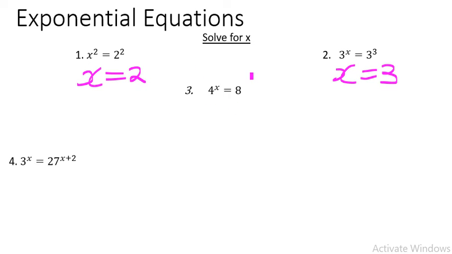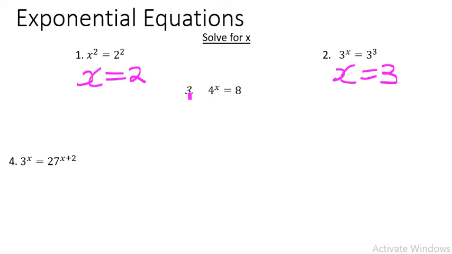Right, problem number 3. Now on problem number 3, it is not the same as the first one and the second one. This one is different. The bases are not the same, the exponents are not the same. But then we can just play around with those numbers and make them look the same.